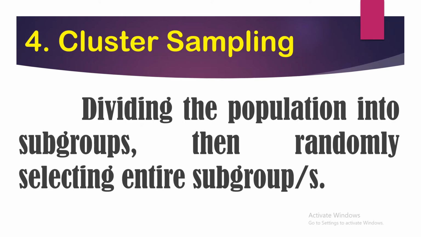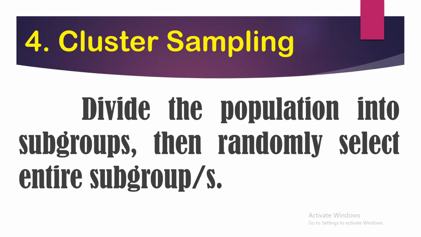Here, we divide the population into subgroups, then randomly select entire subgroup or subgroups. So we divide the population into subgroups like stratified sampling, but here we randomly select entire subgroup or subgroups.